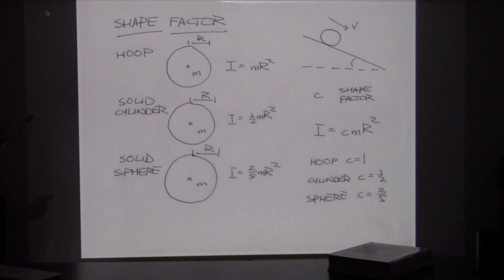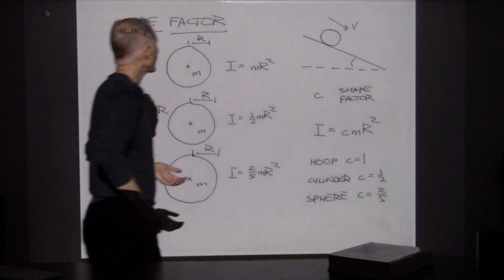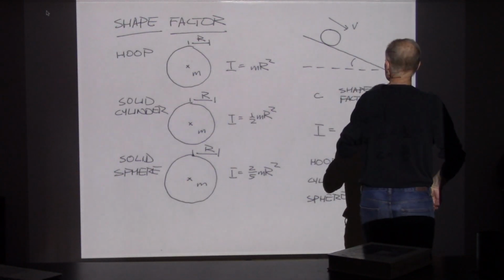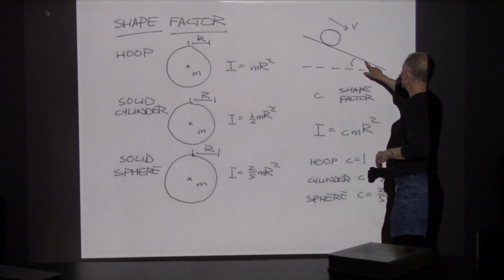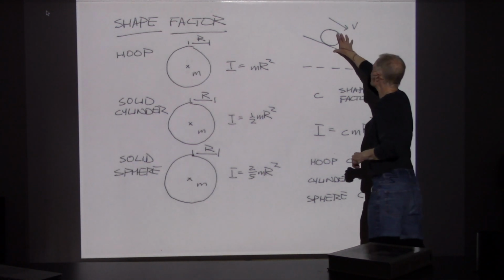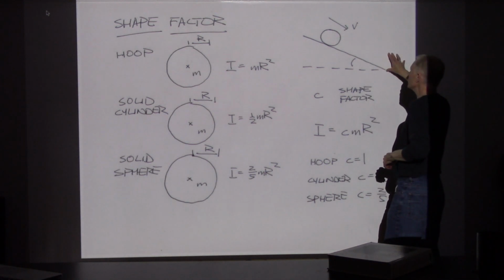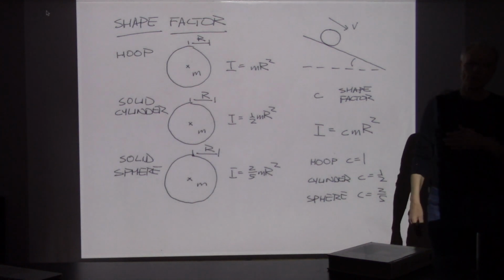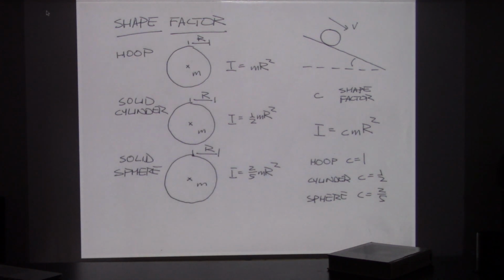Back when we were doing linear motion, if the incline's frictionless, what we found is that everybody has the same acceleration. All of the objects slide down a frictionless ramp at the same acceleration, independent of how much mass they have. That's not true for different shapes if they're rolling.